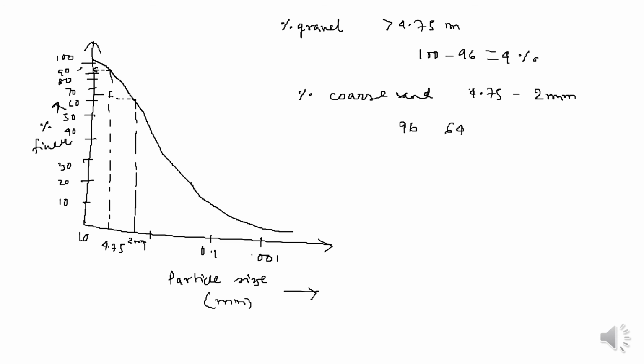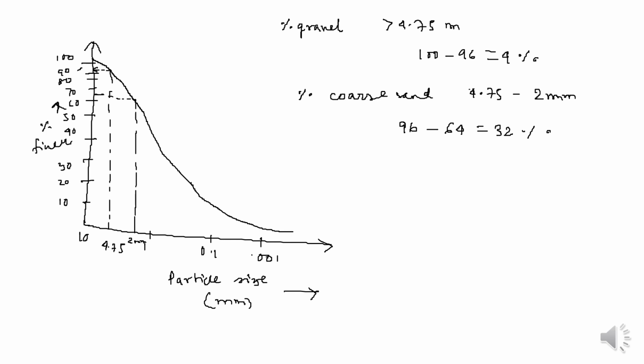Therefore, if we subtract, we get the percentage retained between 4.75 and 2 millimeter size, which we represent as the coarse sand, and this is equal to 32%. So 32% is my coarse sand fraction.